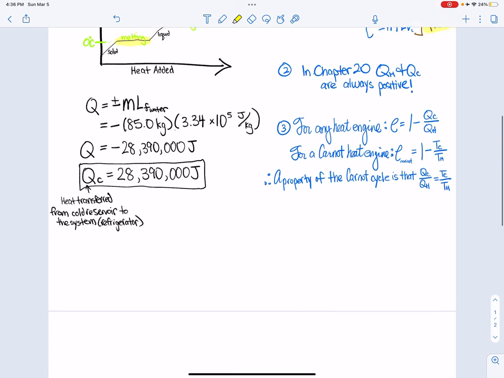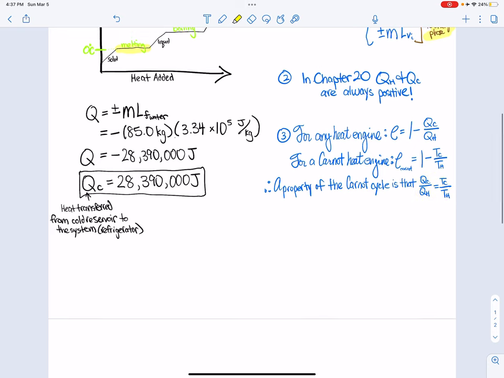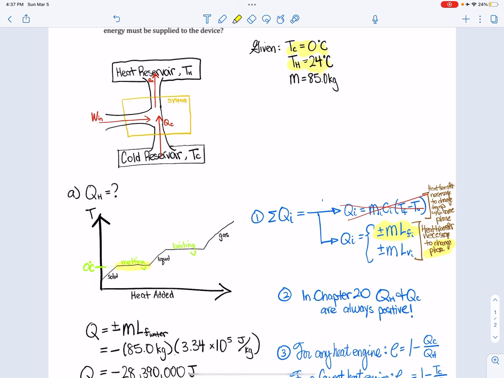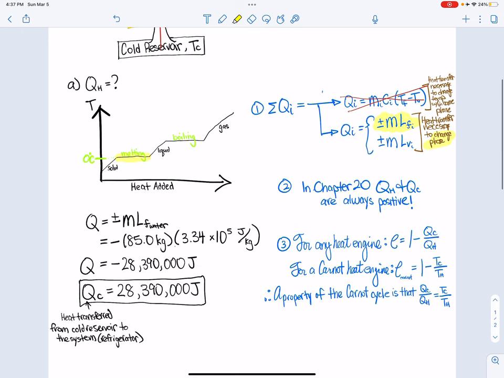So now using this property of the Carnot cycle, I could actually find my QH, because I know my TC, I know my TH, and I know my QC.